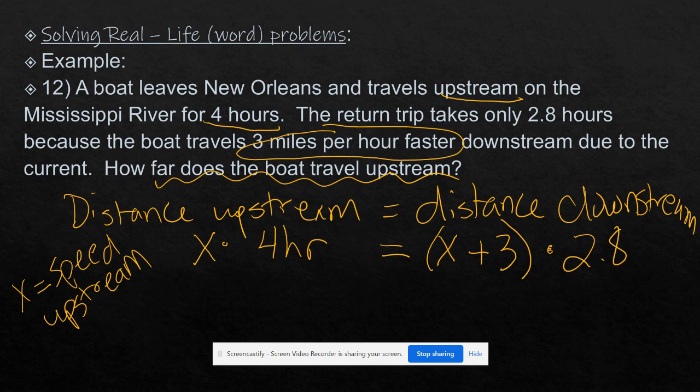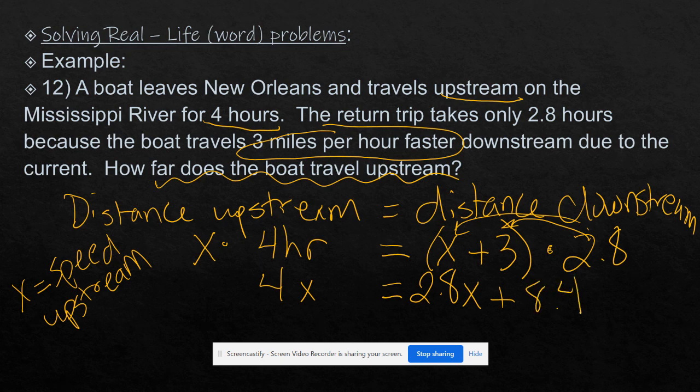So let's figure this out. X times 4, 4x. Over on the right, we're going to distribute that 2.8. So we have 2.8x plus 2.8 times 3 is 8.4. I want to move my x variables to the same side.